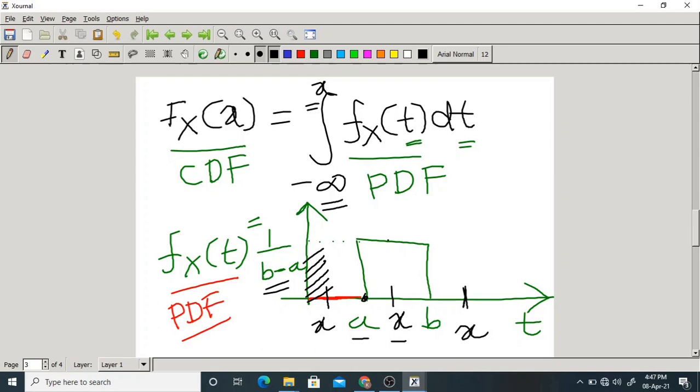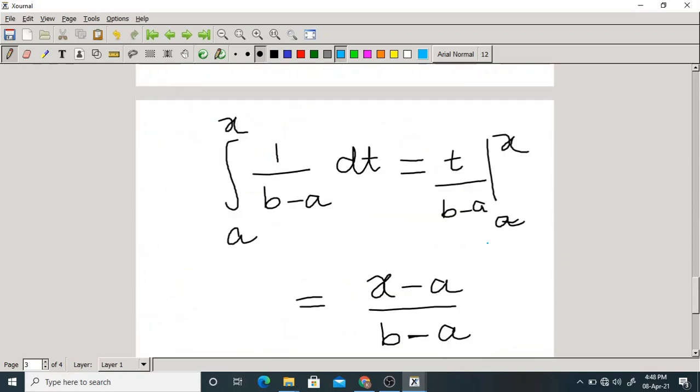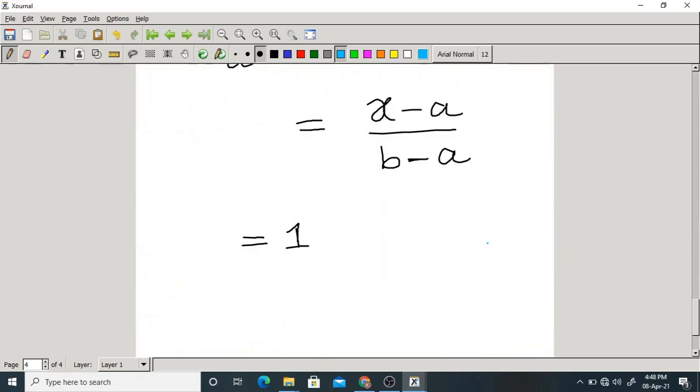Now x is here, find this area. What is this area? So this is x minus a by b minus a. Suppose x is here, find the entire area. Obviously entire area means 1. Okay, 1 if x is more than b.